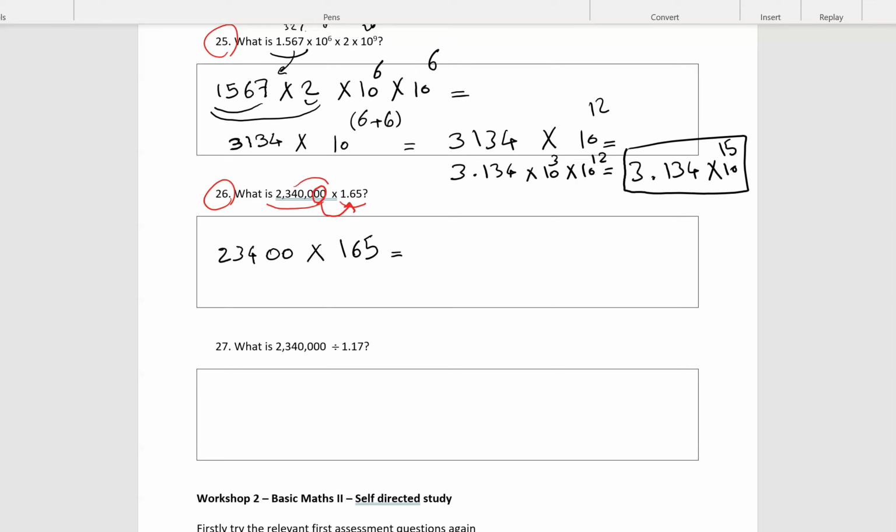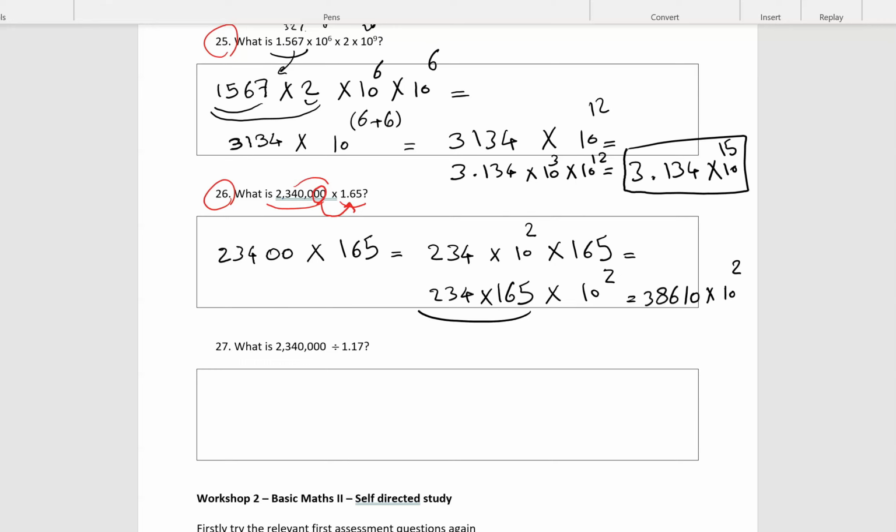Also, you can write 2, 3, 4 times 10 to the power of 2 times 165. And then you can multiply 234 by 165 times 10 to the power of 6. So the answer is this one.